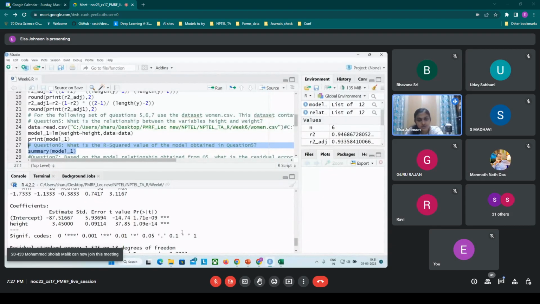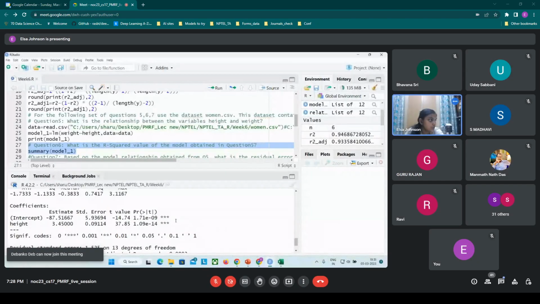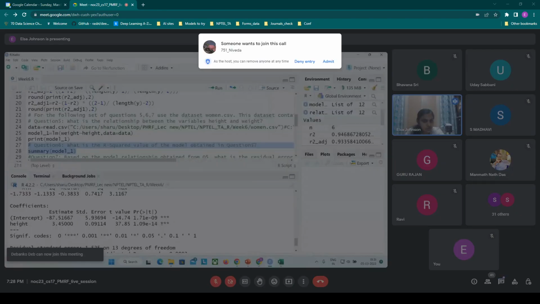There are certain levels for the p values. If it is a 5% level, then you look at 0.05, then lesser than that 0.001, so some levels like that are there.